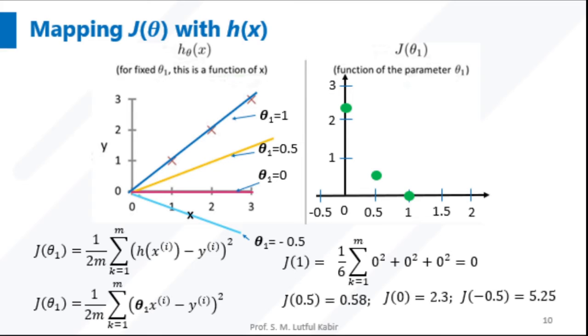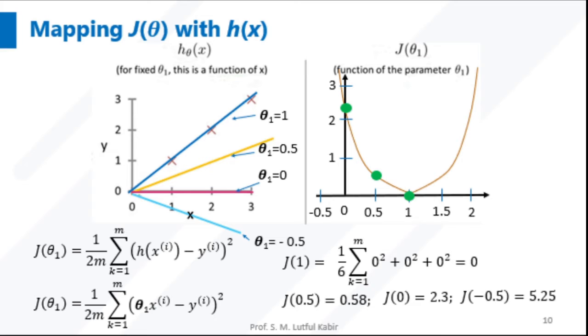You can slowly trace out what this function J of theta looks like, and this is the plot of J with respect to theta. Now you remember the optimization objective for our learning algorithm. We want to choose the value of theta 1 that minimizes J of theta 1.